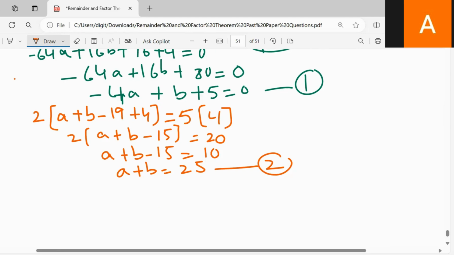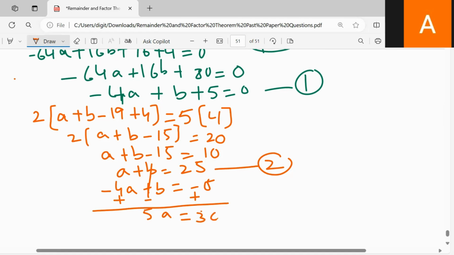So you will write here minus 4a plus b is equal to minus 5. When you solve them, 5a is equal to 30. It means a is 6.